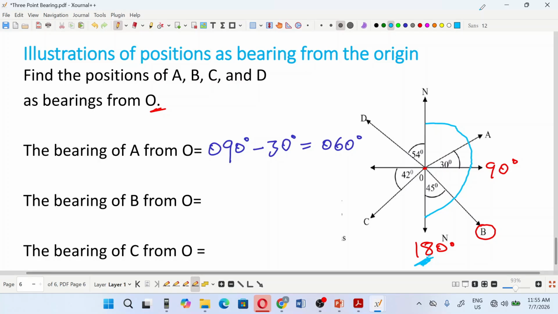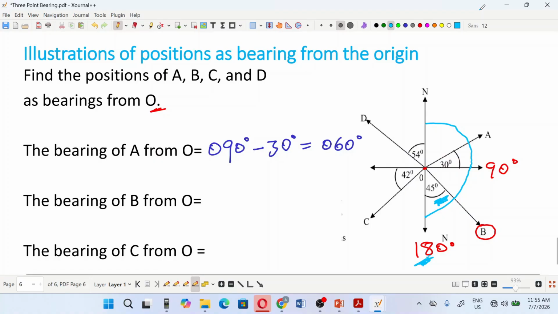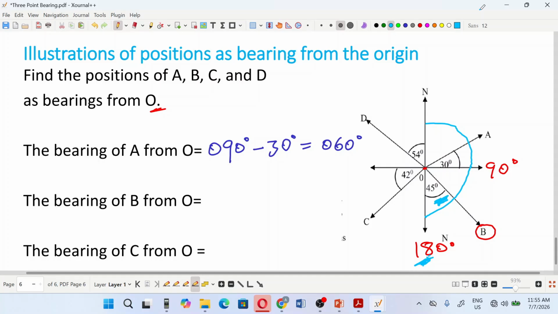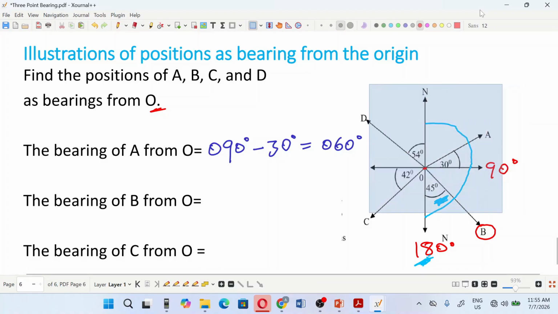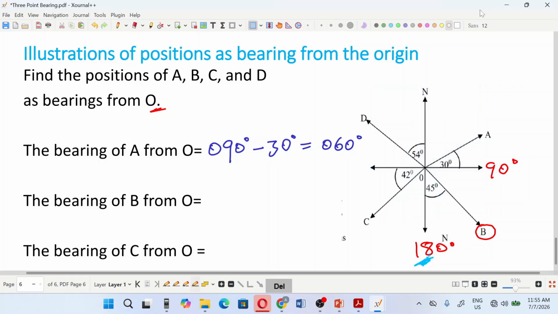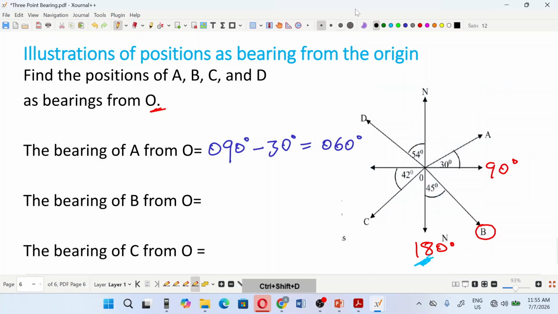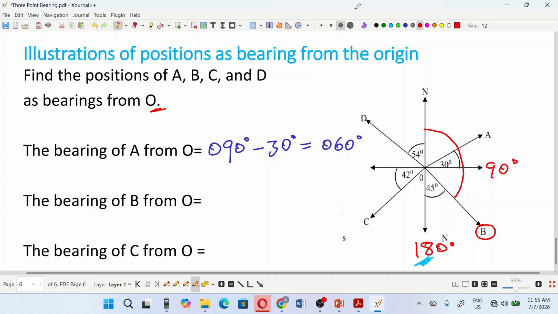But 45 has been taken as part of it, right? This 45 has been taken as part of it. So therefore, if I want to really find this, the red one is going to indicate what we really need. I only need this part. We actually just need this part from this point all the way to this point.